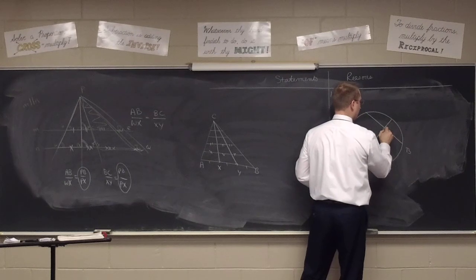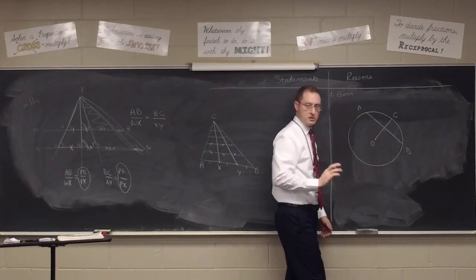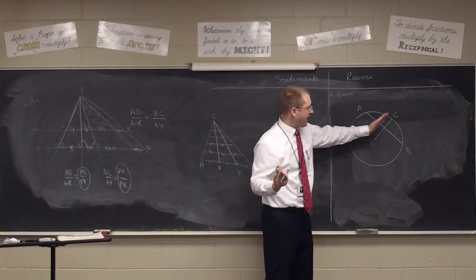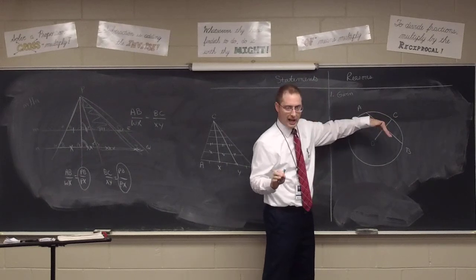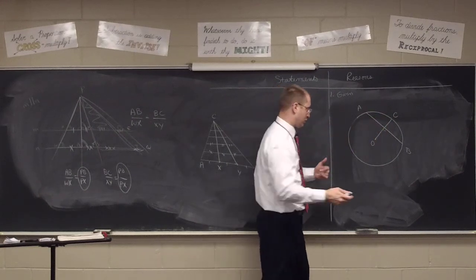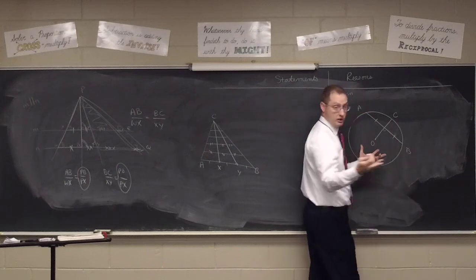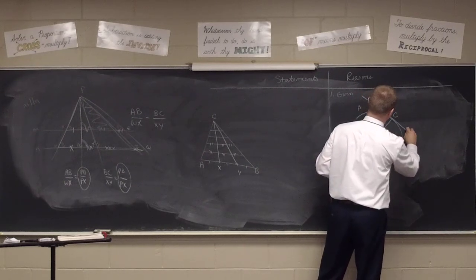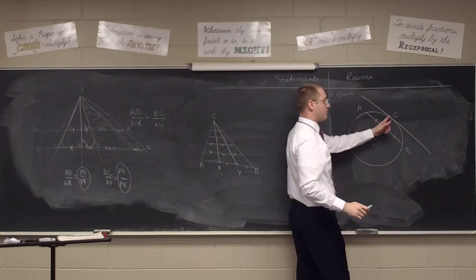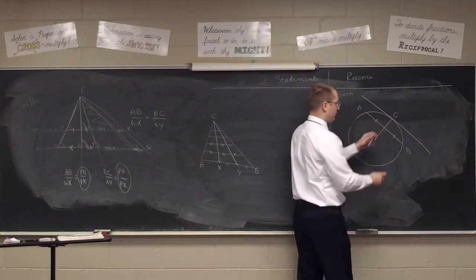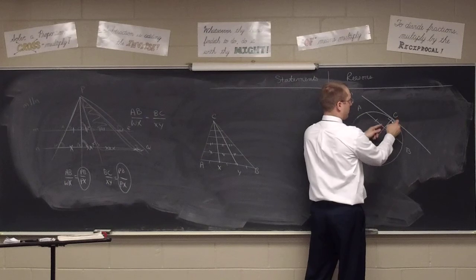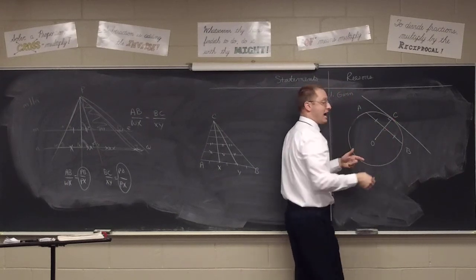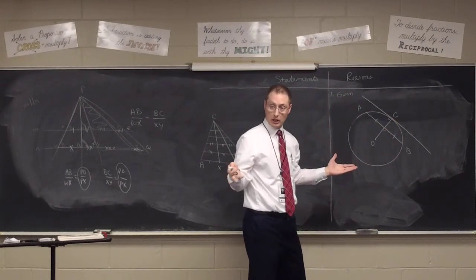perpendicular radius OC. Now remember, if a radius is perpendicular to a chord, class, it will bisect the chord. And the arcs, by the way. So we said, well, what if we draw a tangent at C? Well, tangent means what? It means it's going to be perpendicular. 2 lines perpendicular to the same line OC have to be parallel to each other.